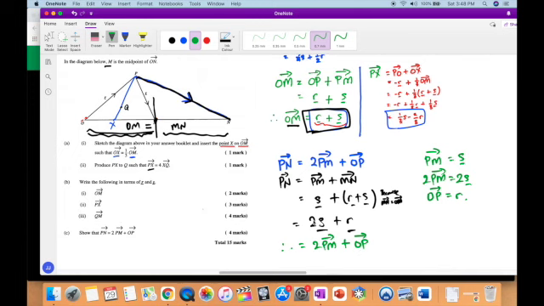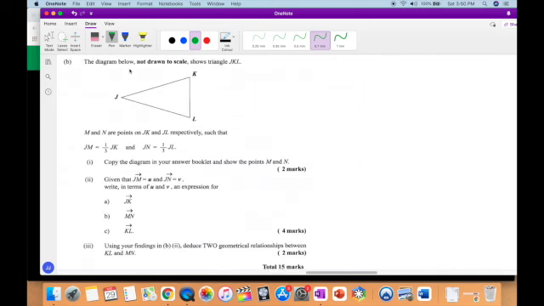Proof. The diagram below, and this looks like one that is just like the other one that we did just now. This looks very similar. Not drawn to scale, shows the triangle JKL. M and N are points on JK and JL respectively.